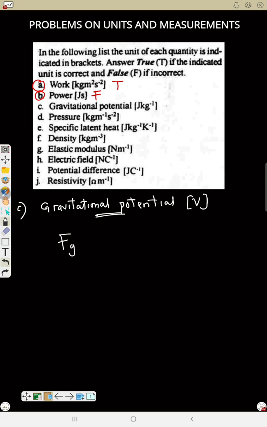The gravitational force is a force of attraction. It is a force that attracts any two objects with mass. So if any two objects have mass, the gravitational force will attract the two bodies.